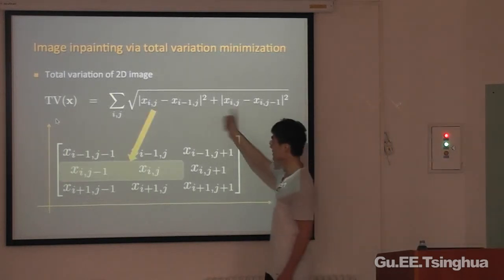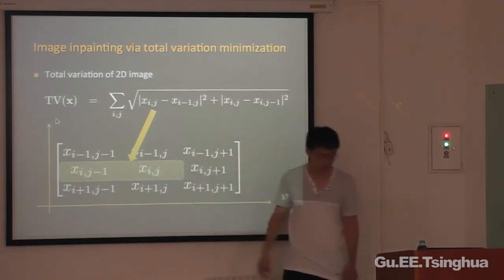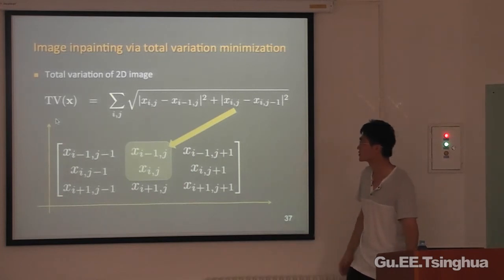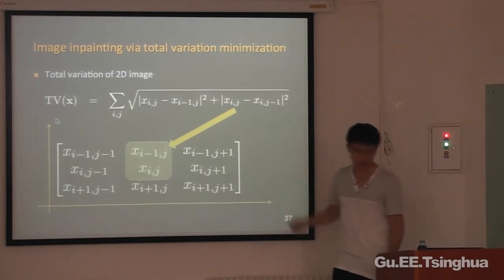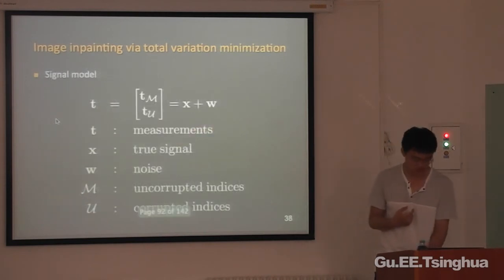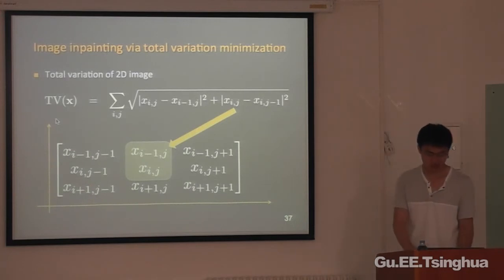Here we have two directions. This is for horizontal, and the second one is for vertical. The part here is the L2 norm of the gradient. So the total variation of the 2D image is the sum of the magnitudes of the L2 distance.